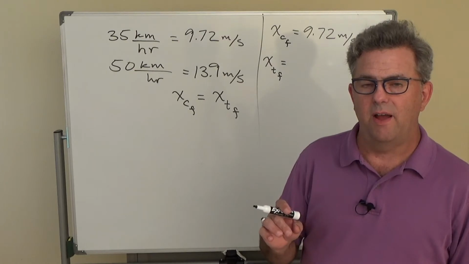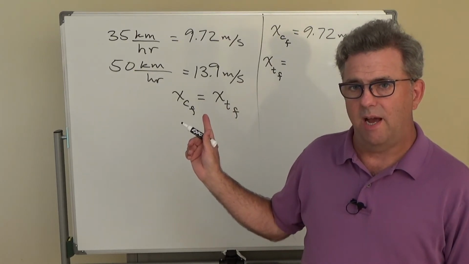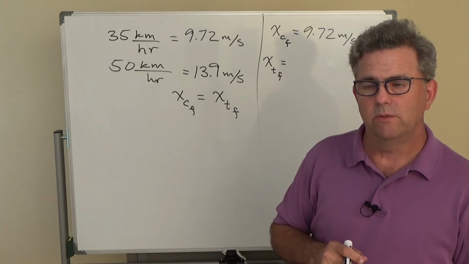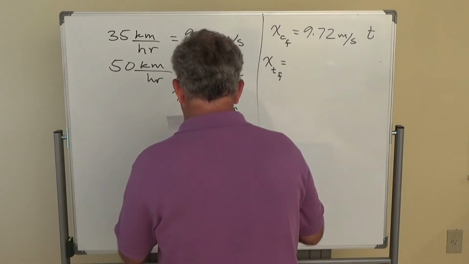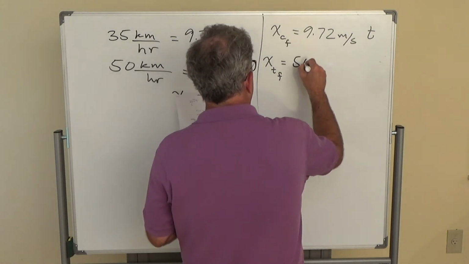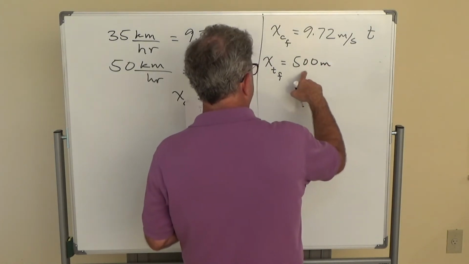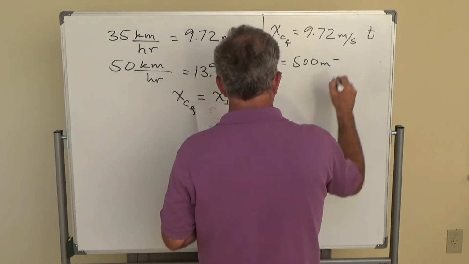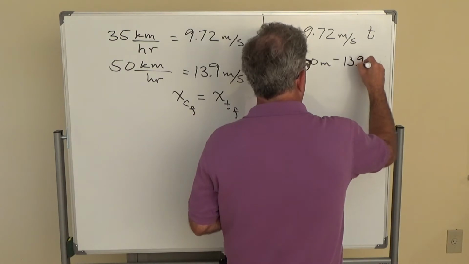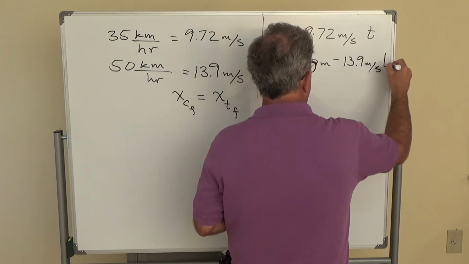Then, based on that time, we can figure out the position. So X truck final is equal to 500 meters, that's X initial, minus 13.9 meters per second t.